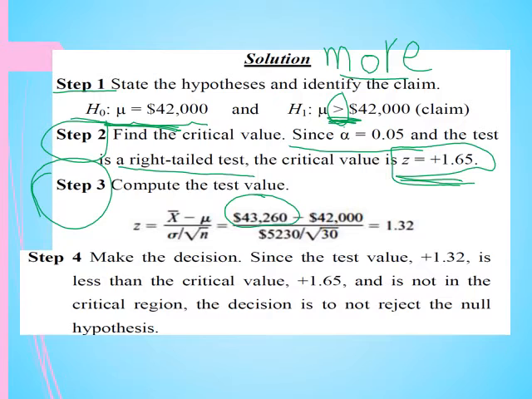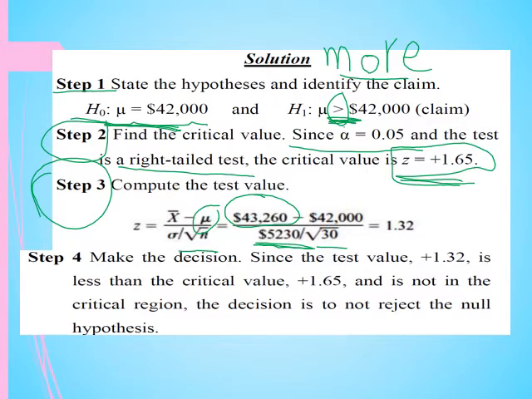The sample mean X bar was 43,260 as given in the problem, and the population mean is $42,000 as also given in the problem, and it's also given that sigma equals 5,230, divided by the root of n, which is 30.